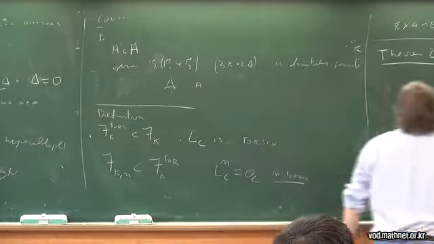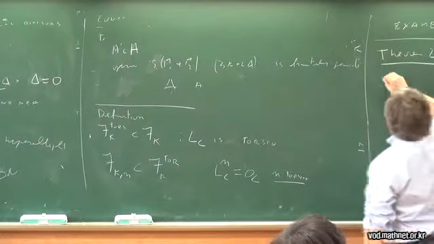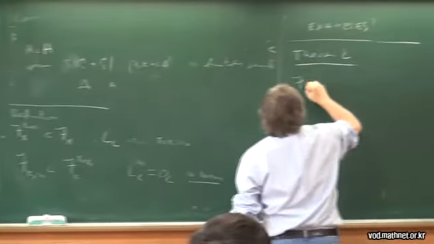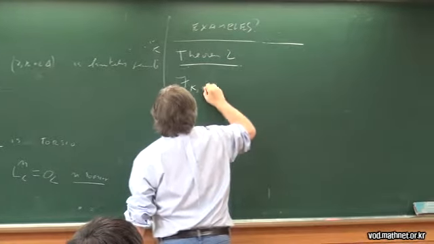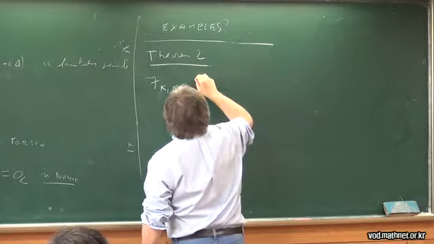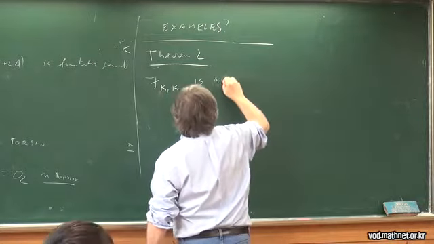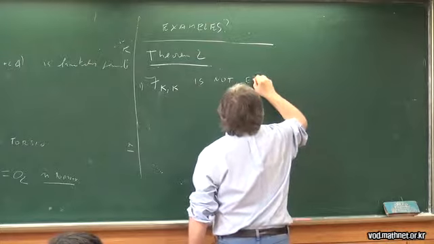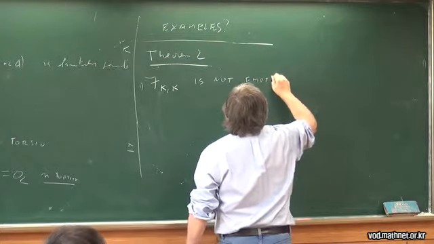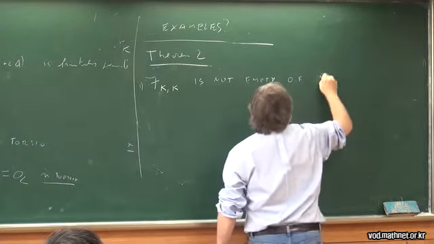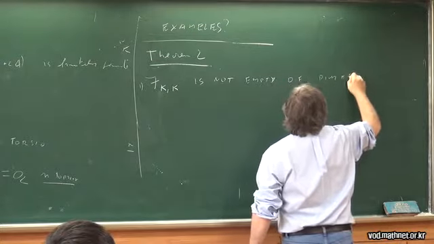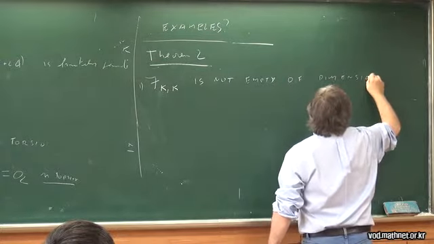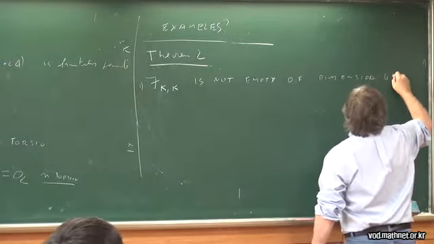Okay, so the theorem is like this. F_k^k is not empty, of dimension for k plus 1.